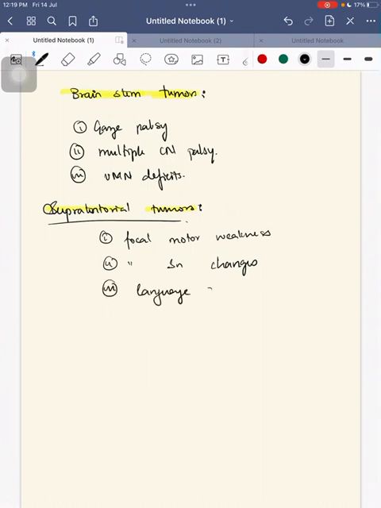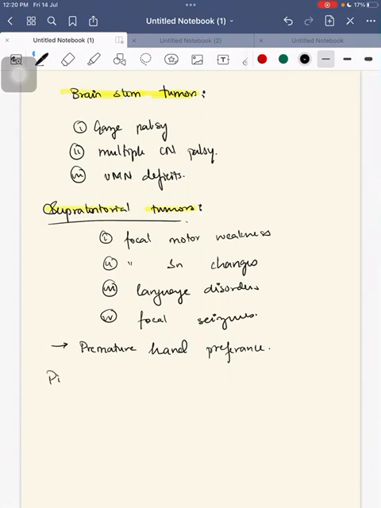Third, language deficits or disorders. Fourth, the child will present with focal seizures. An early feature can be premature hand preference. Okay, this can be one of the signs when the child is having a supratentorial tumor.